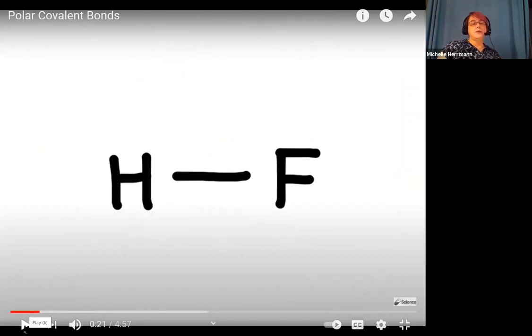Okay, so here we're looking at hydrogen on the left with an H, fluorine on the right with an F, and a line in between them. So we haven't done a lot of stuff with structural formulas, but we have used our little puzzle pieces. And in our puzzle pieces, you might remember that hydrogen has one arm sticking out where it wants to look for a friend. Fluorine with 7 electrons has one space looking for an electron.